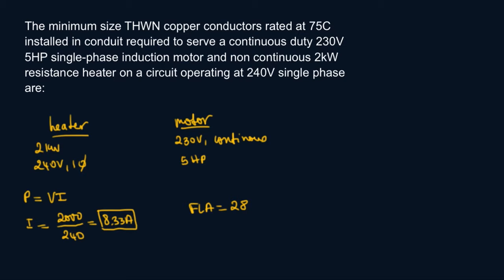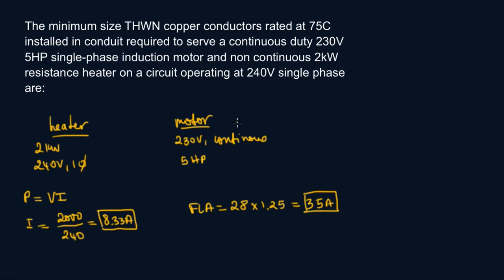So we already calculated our motor full load amp. So we multiply here by 1.25, and this gives us 28 times 125, that's 35. So don't forget that. Do not forget, in a continuous duty single phase motor, to multiply by 125.